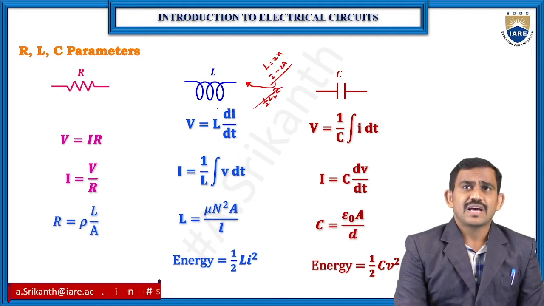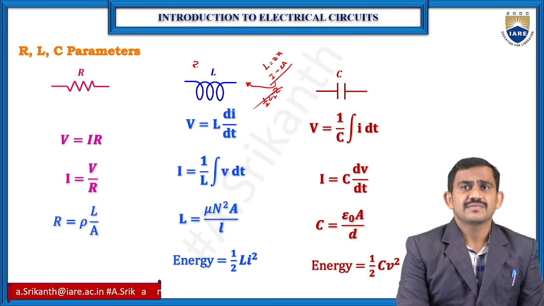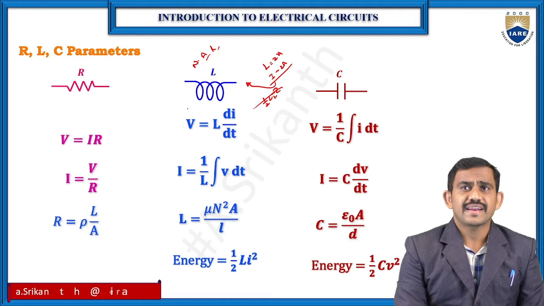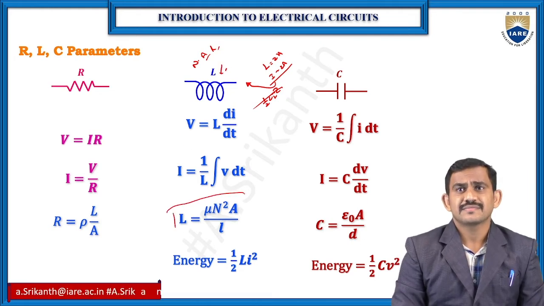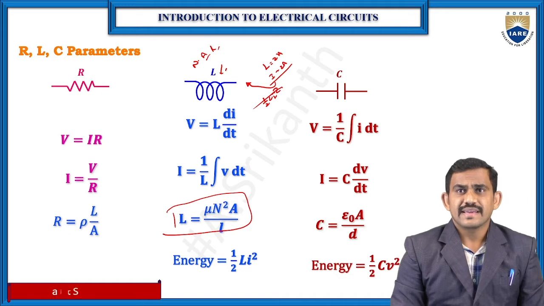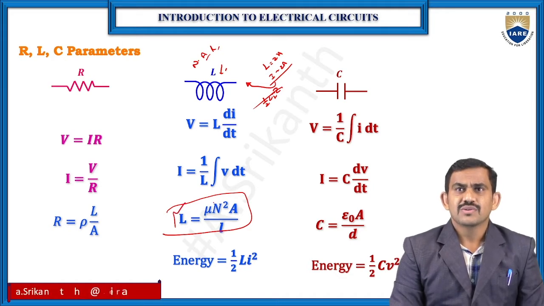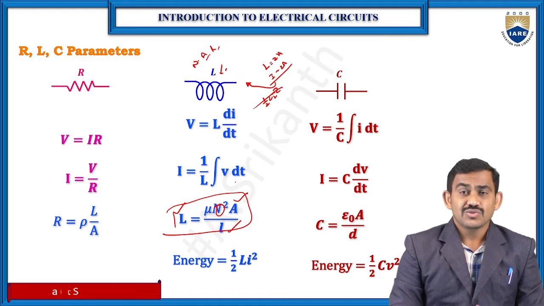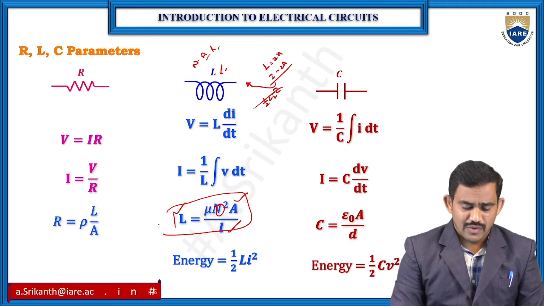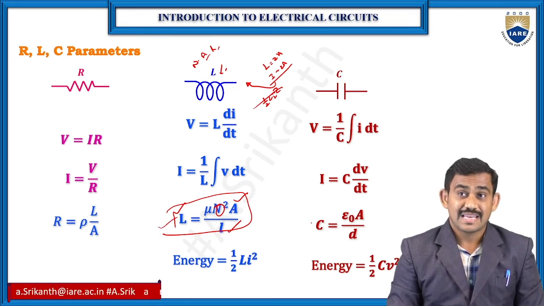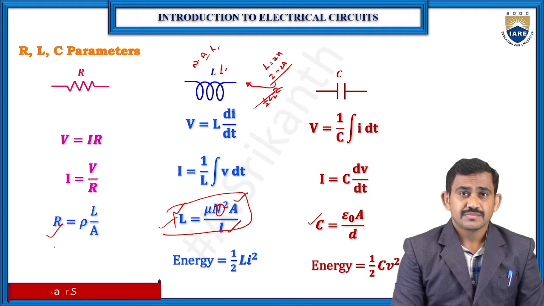Suppose I have the number of turns, the area and the length, and I want the inductance value. Use this formula. Or if I have the L value, A value and length, find the number of turns. Any one value you want to find, you can use these formulas for the inductor, capacitor and resistor.